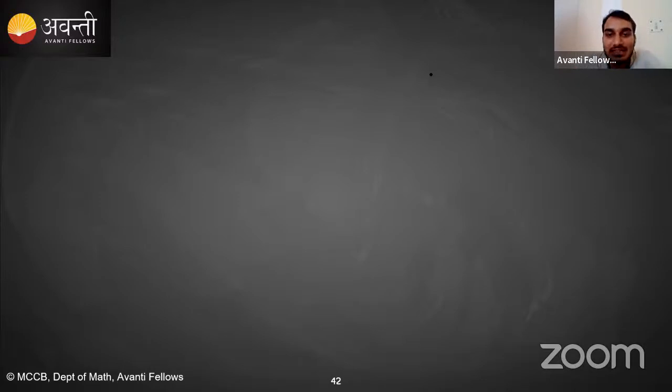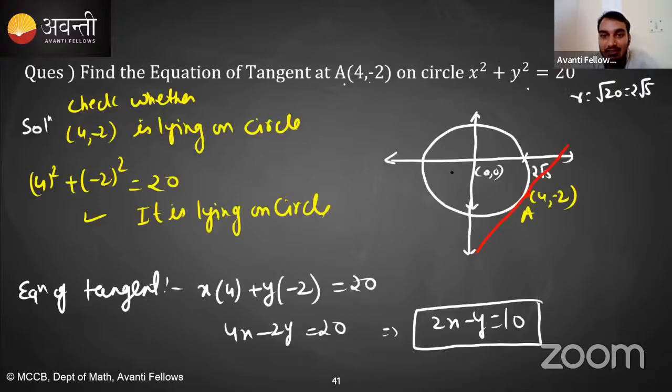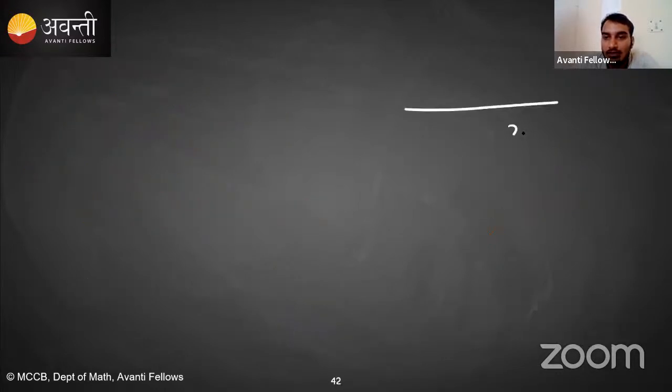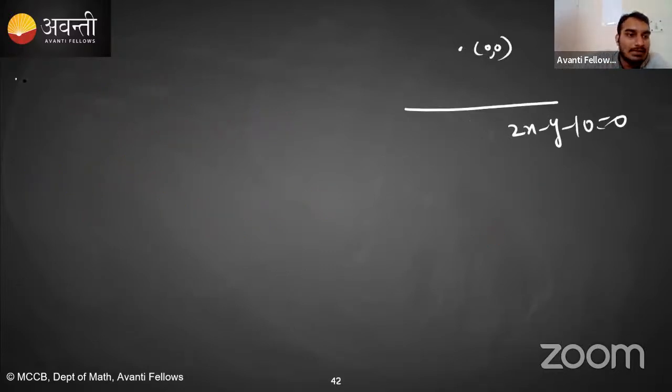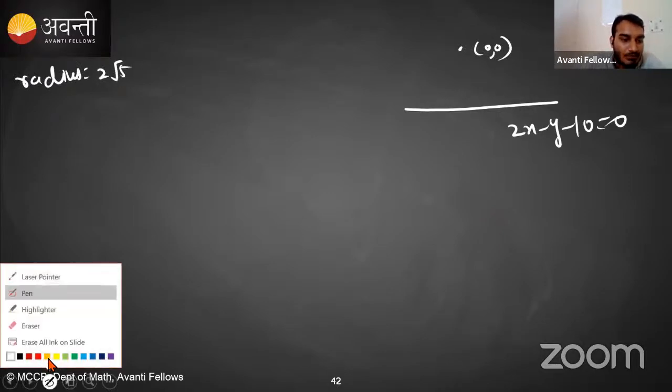The equation of tangent is 2x minus y equal to 10, which is 2x minus y minus 10 is equal to 0. What is the center? 0 comma 0. And quickly I write the radius here. Radius is 2 root 5. Now check what is p.